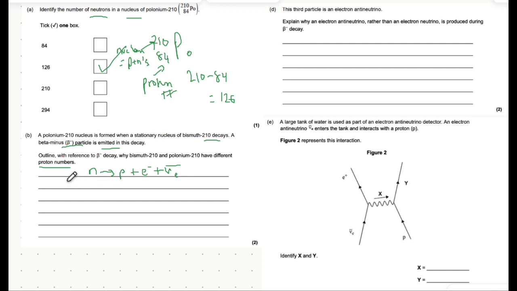But what's happening here is, let's think about it. 210 here represents the nucleon number. But if a neutron changes into a proton, the total number of protons and neutrons stays the same. However, the proton number increases by 1. Because bismuth decays into polonium, that means that bismuth will have one less proton.